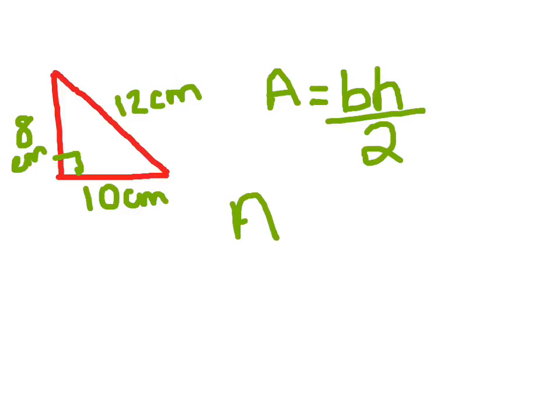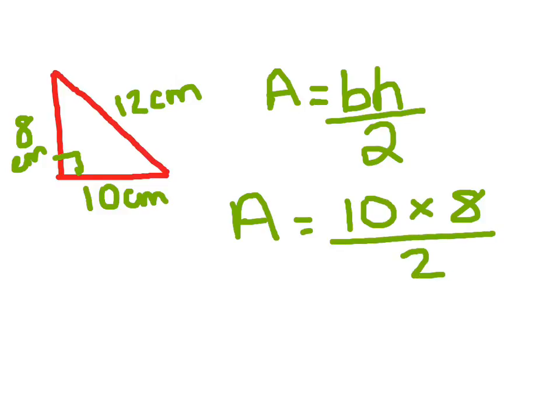So the base in this case is 10. The height is 8. All right. And then I'm going to divide it by 2. All right. So we're going to do what's on the top. 10 times 8 is 80.